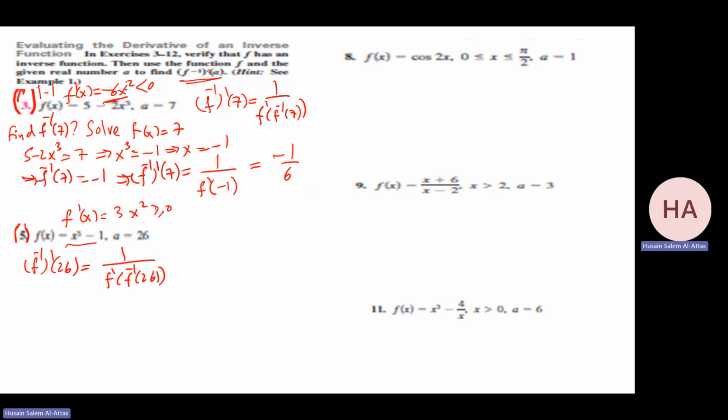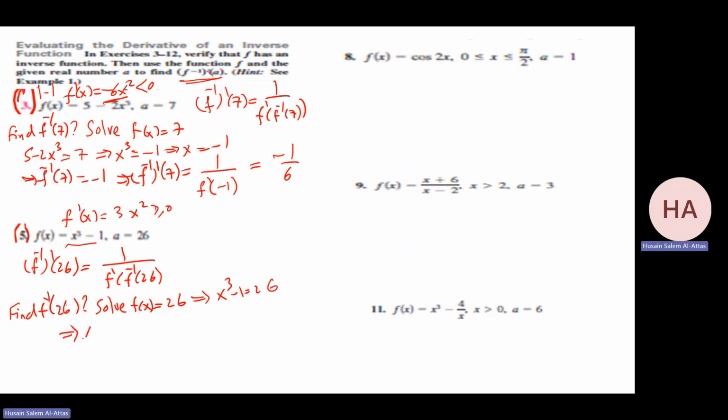Now to do this, I need to find f inverse at 26. How? We solve f of x equals 26. So that implies x cubed minus 1 equals 26.